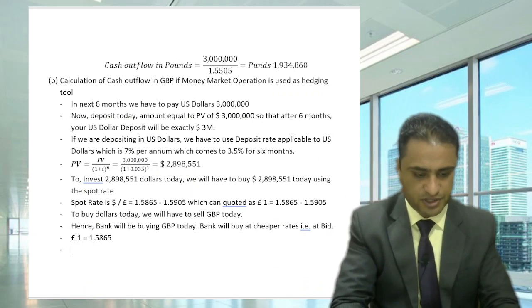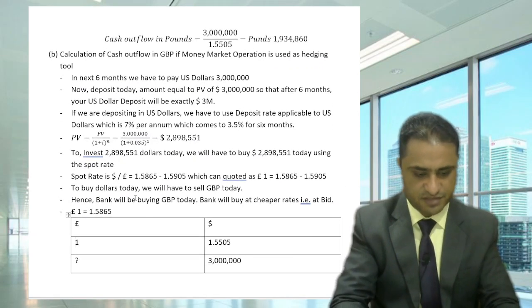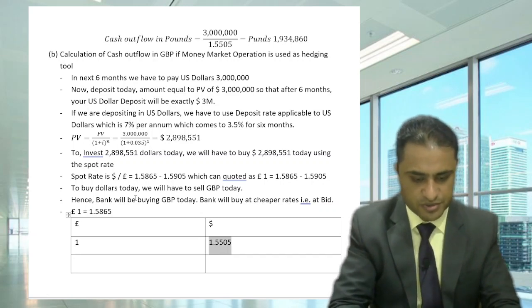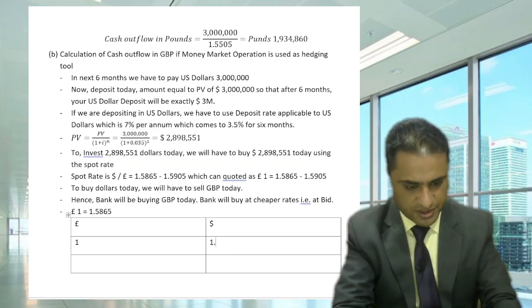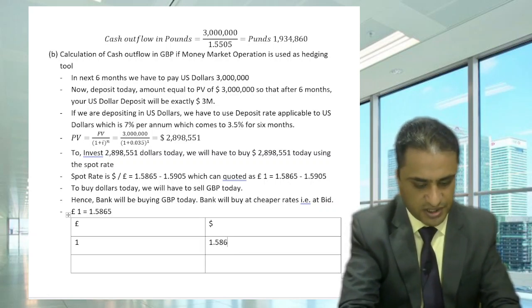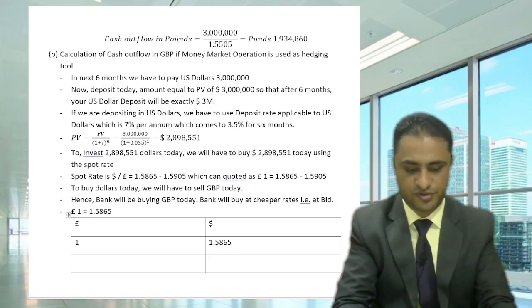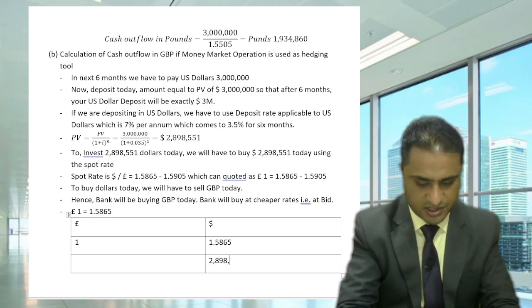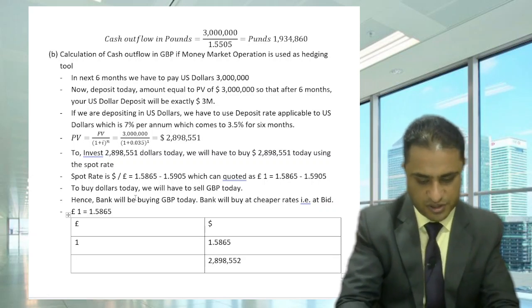We will put things in a table like we always do. We say that 1 pound in terms of dollar costs us 1.5865. So how much will 2,898,551 dollars cost?